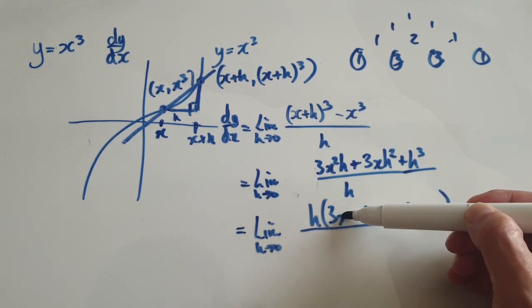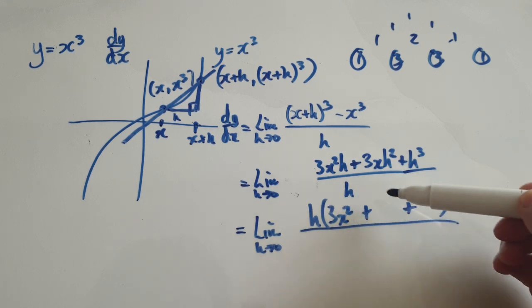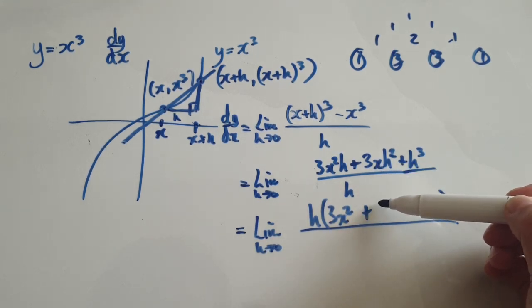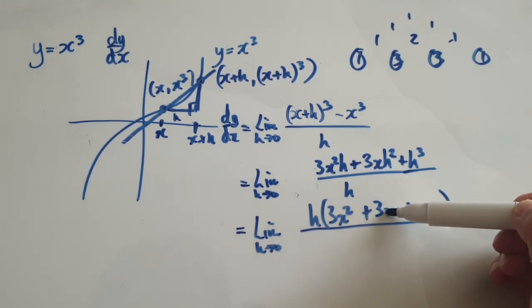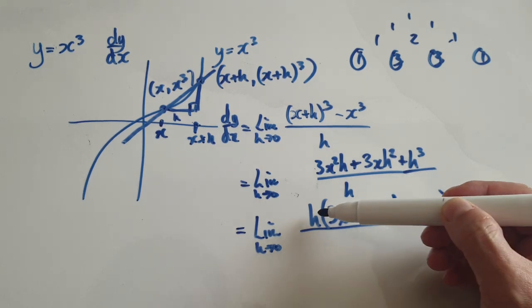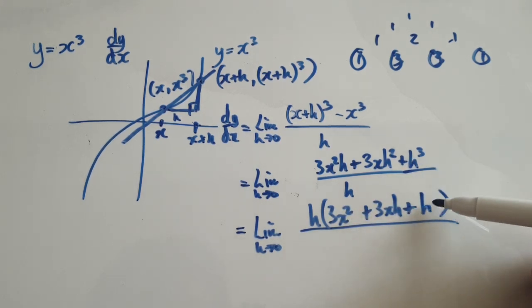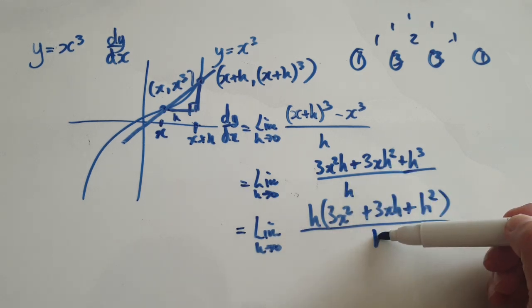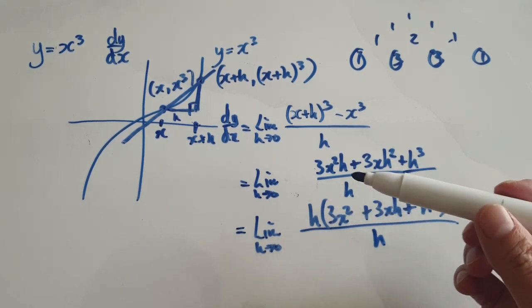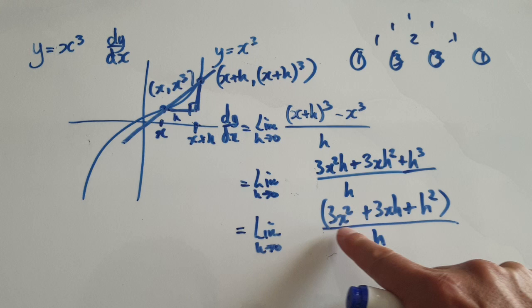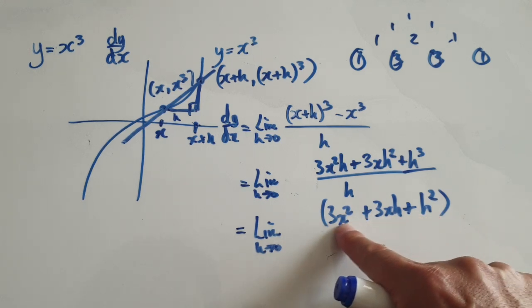It's actually 3x squared. This times what will give me this. It's actually 3xh. And then this times what will give me this is actually h to the power of 2. And then you've got this h at the bottom. So now these two will cancel each other out. And then that will then give us this thing here.